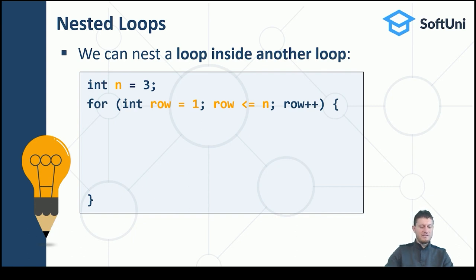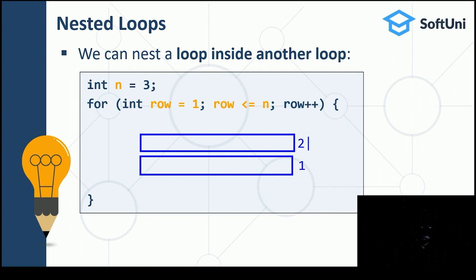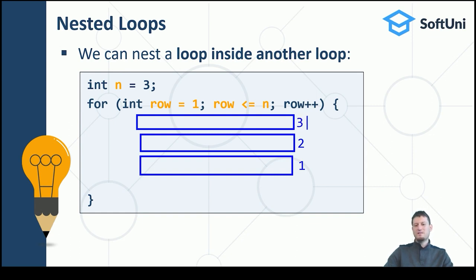If we have, for example, a building and it has floor 1, then floor 2, and then floor 3. This is from 1 to 3, a loop.